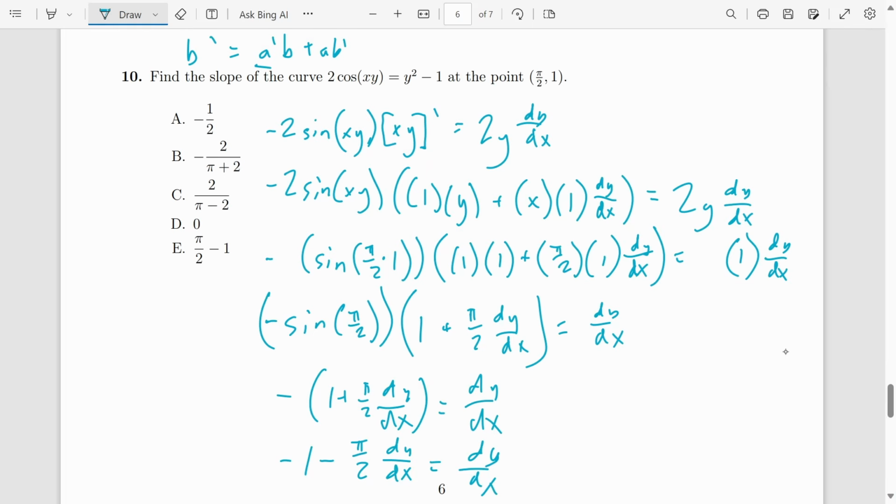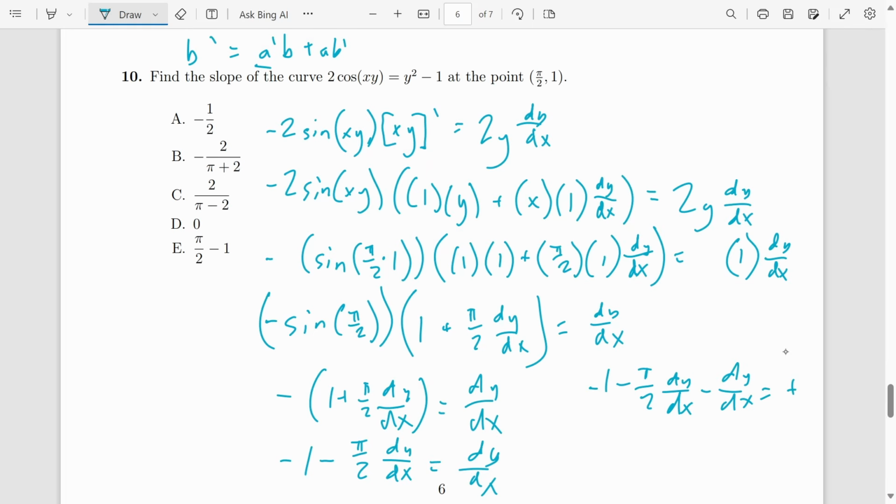We're almost there. At this point we can start getting these dy over dx terms all on one side and everything that isn't on the other side. So let's see, we can subtract dy over dx from both sides. That'll leave us with negative 1 minus pi over 2 dy over dx minus dy over dx. And that would combine to be, I don't know why I'm blanking so badly right now, but let's just leave it like that.